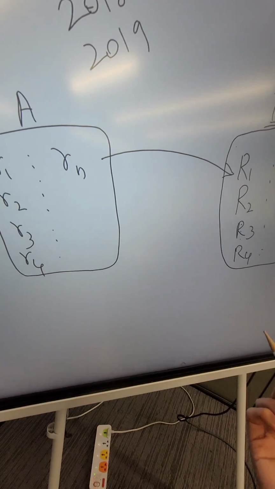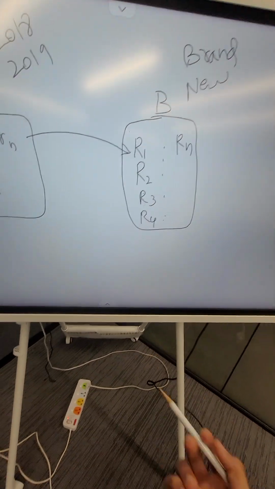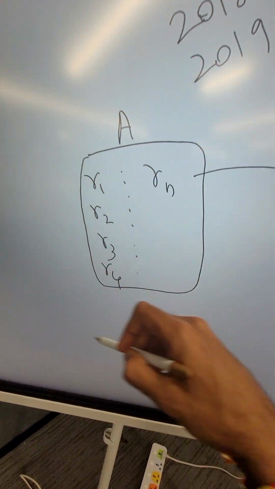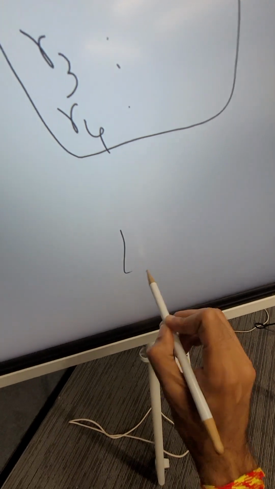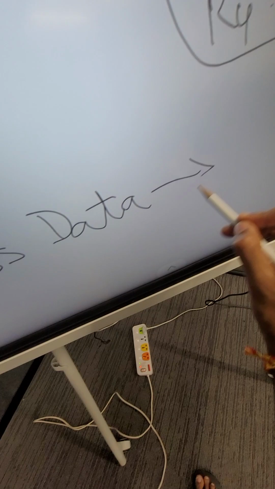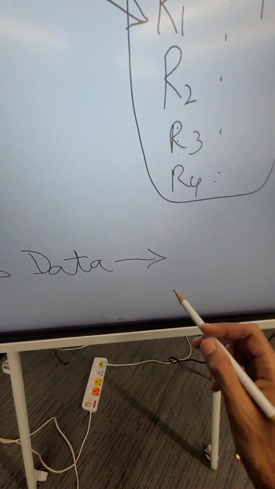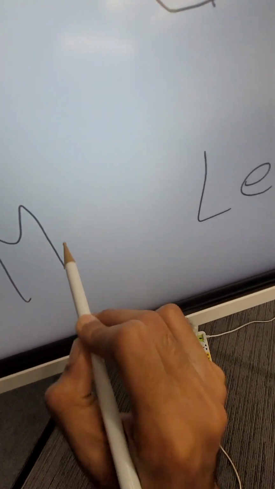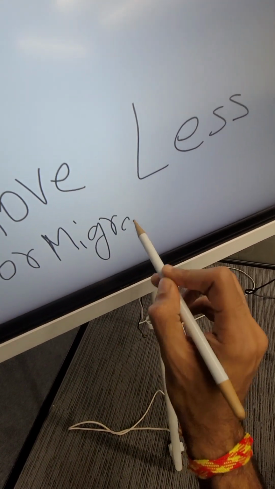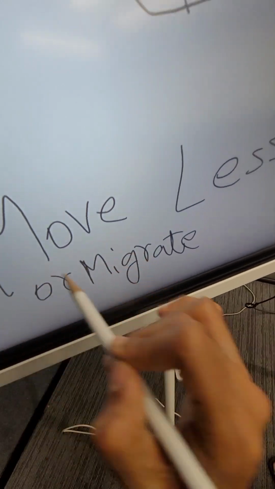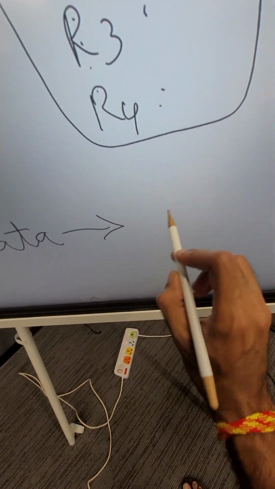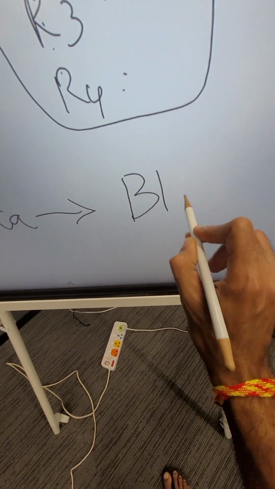Now, the problem with that is, if there's an error, we have to roll back the whole thing, right? The blast radius is basically large when you move a lot of data. If you move less data, then the blast radius is less because only less stuff is affected, right? In the case of a migration, if you do a smooth migration slowly and steadily, then the blast radius is less, right?